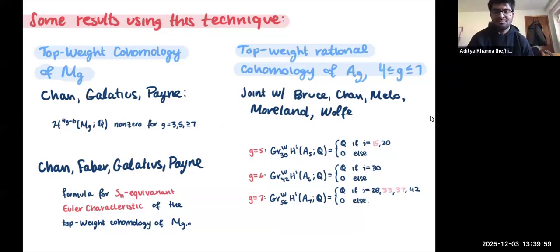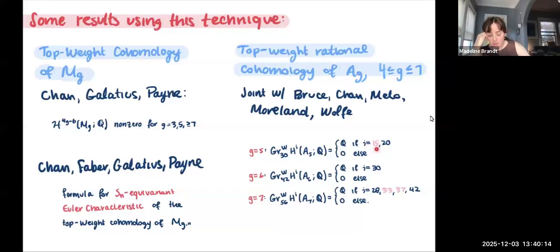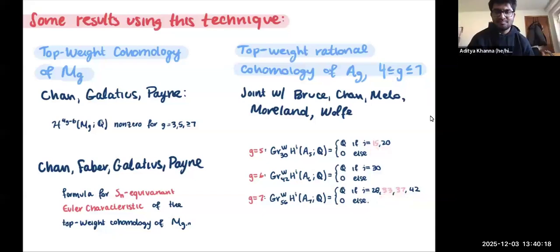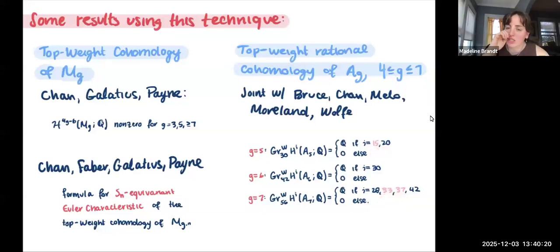Not a question per se, but what's up with the numbers? Are you asking about the numbers in the cases? Is there anything you can say about that? Oh, here, these pink ones? Yeah. So there was an open question of Grushevsky, which was: is there ever odd cohomology for A_g?